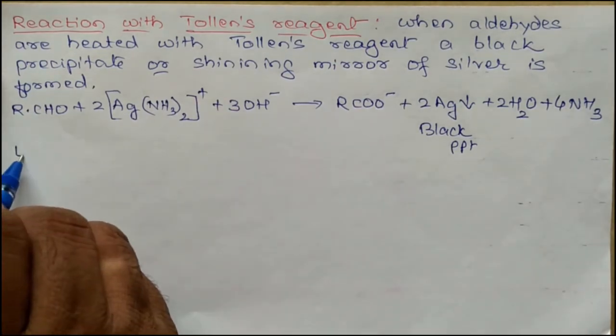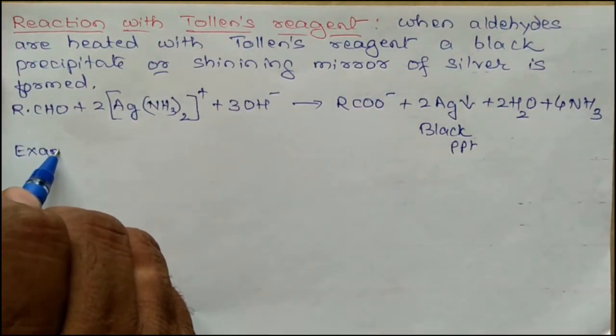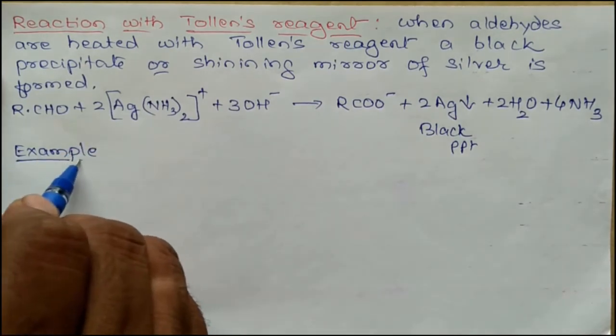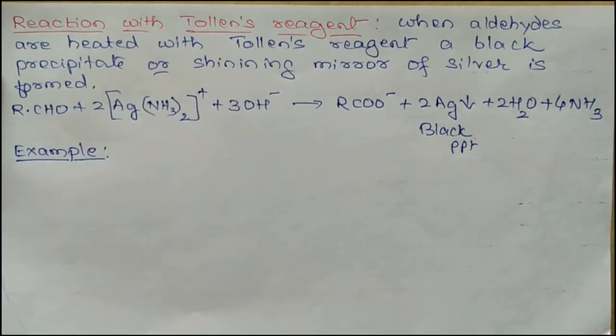Example: when acetaldehyde is heated with Tollens reagent, a black precipitate or shining mirror of silver is formed.